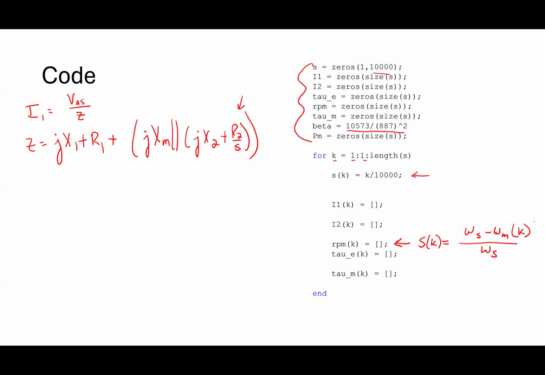All right. And so what I would do to compute I1, I probably wouldn't do it all in one step like this. For R2 over S here, what I end up doing is calculating R equals R2 divided by S of K. And then I usually calculate this guy by himself.